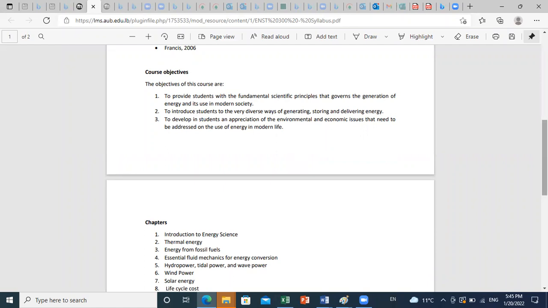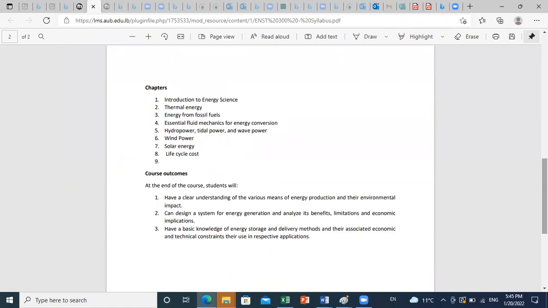Now, concerning the chapters involved, we have 8 chapters. We have Introduction to Energy Science, which will introduce you to the different sources of energy and what we'll do in this course. Chapter 2 is a theoretical chapter on thermal energy. Then we'll introduce energy from fossil fuels.